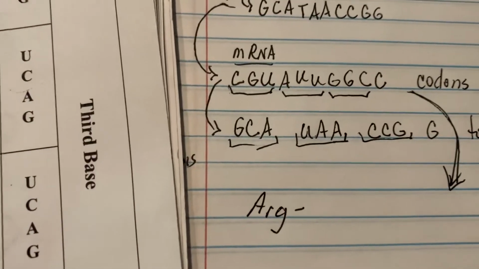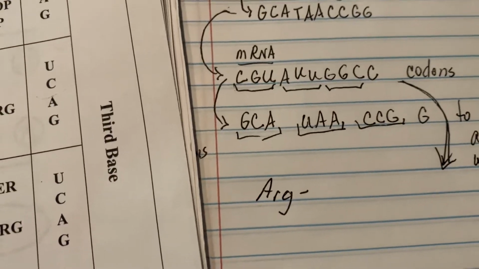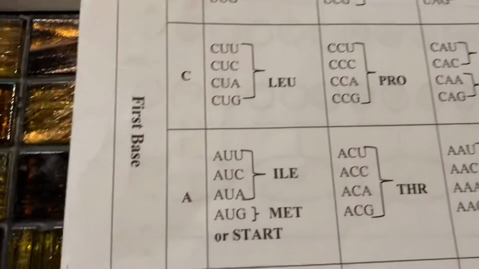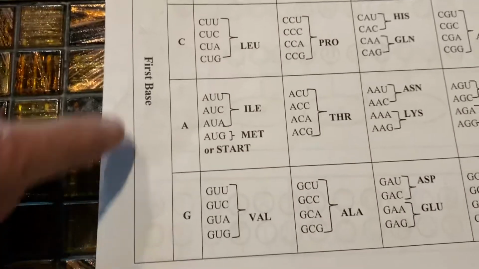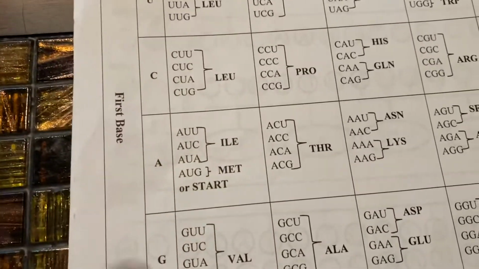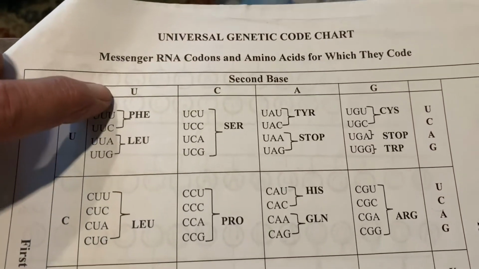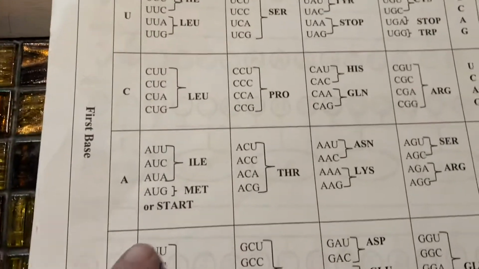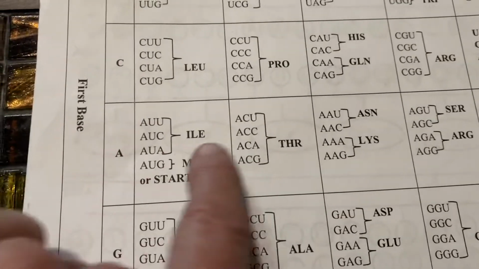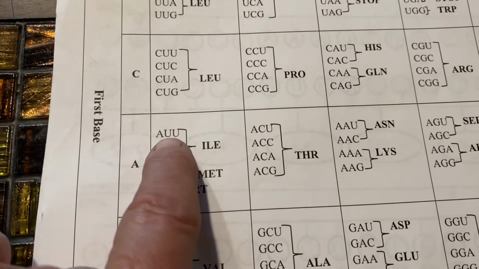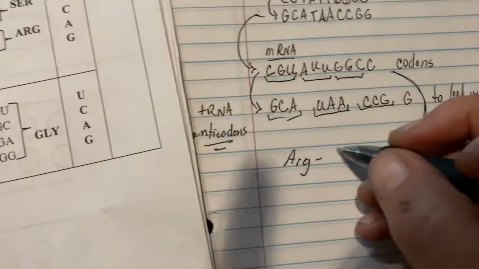All right, notice my next one is AUU. So I find my first base is an A, which puts me in this row. I find my second base, which is a U, puts me in this row. AUU is ILE, so I write that down next.